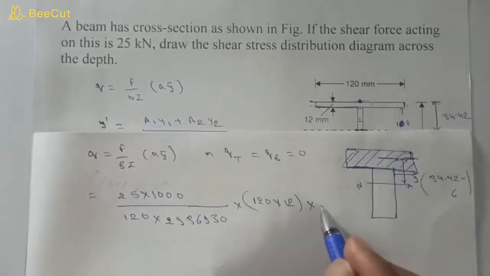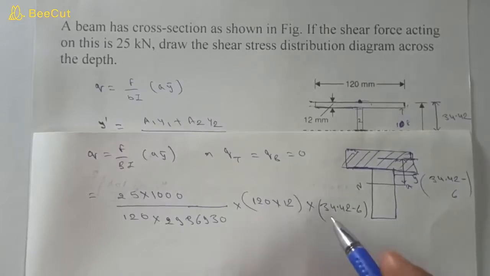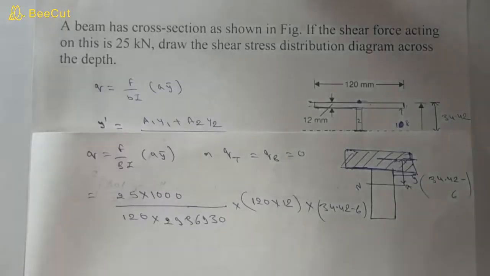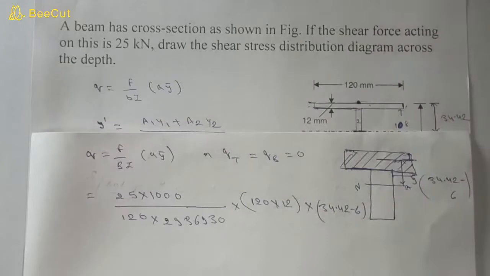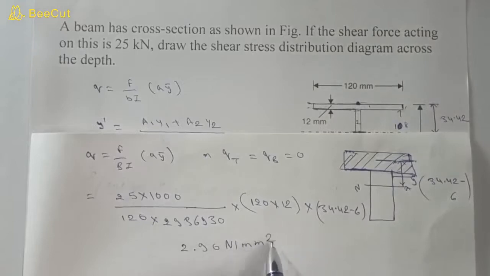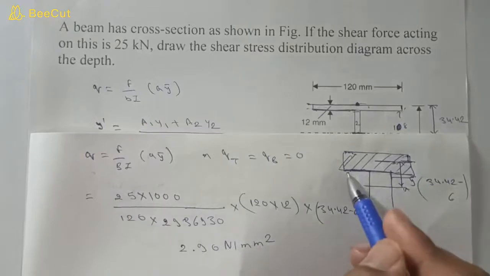So it will become 34.42 minus 6. If we calculate this, then we will get 2.90 Newton per mm square. So this is the shear stress at this point.